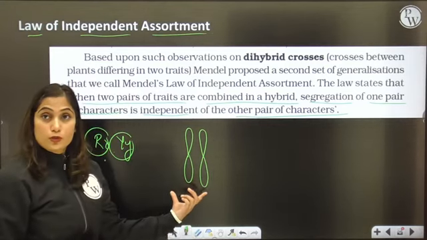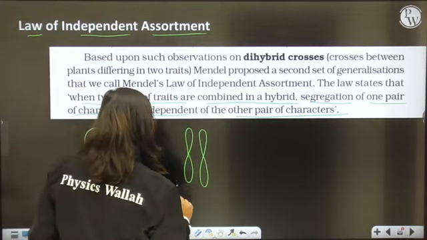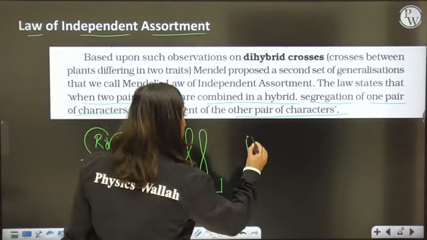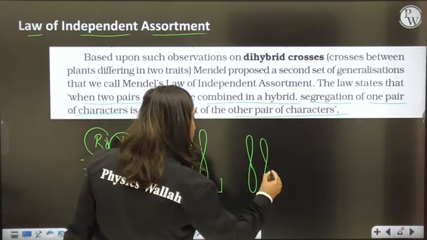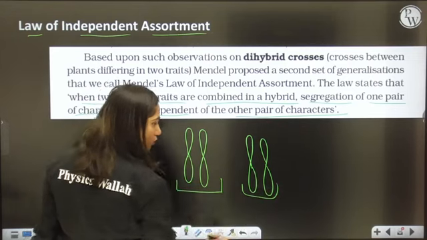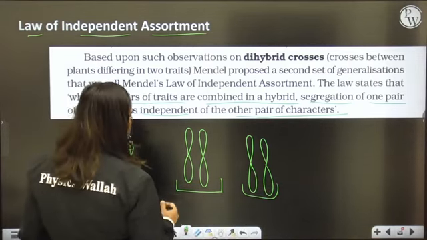These are the homologous chromosomes having similar size and the same kind of genes. So this is 1 pair of homologous chromosomes and this is the other pair of homologous chromosomes.